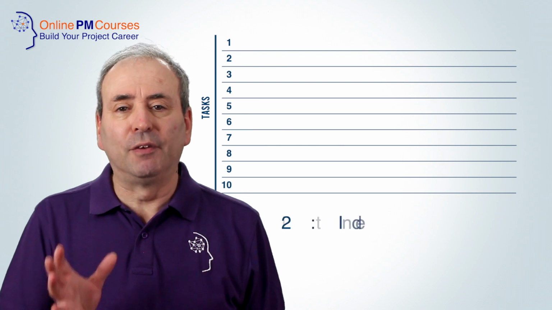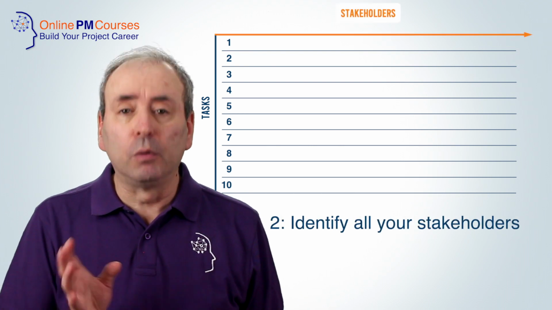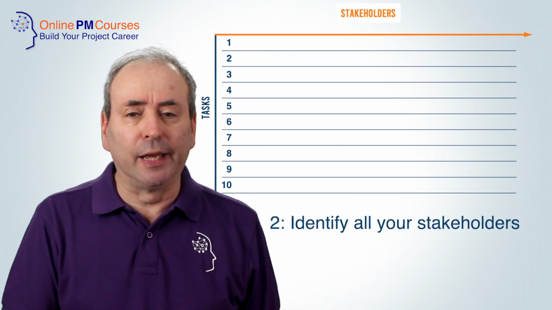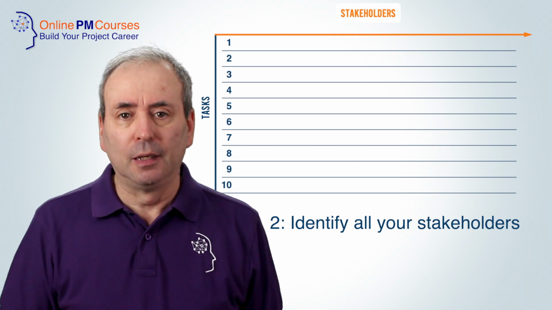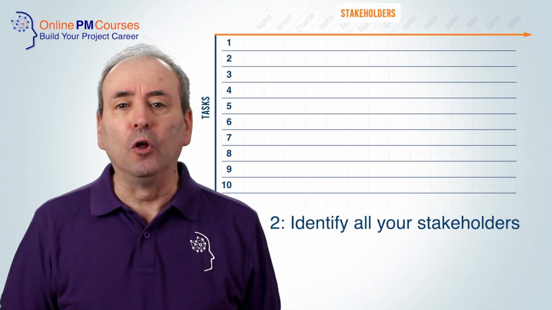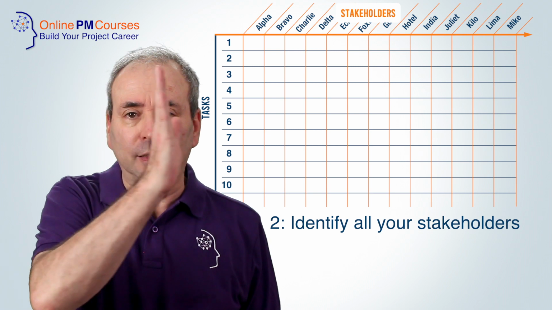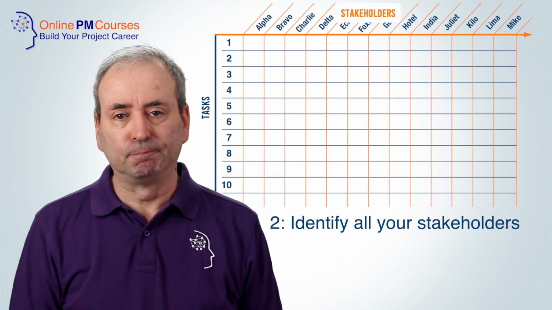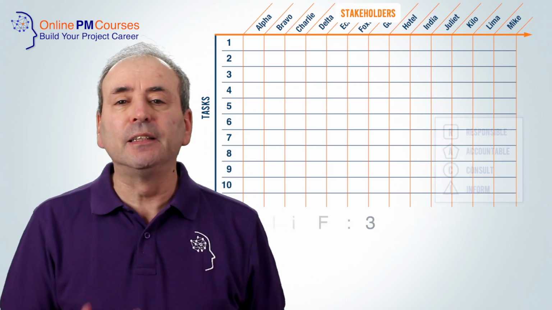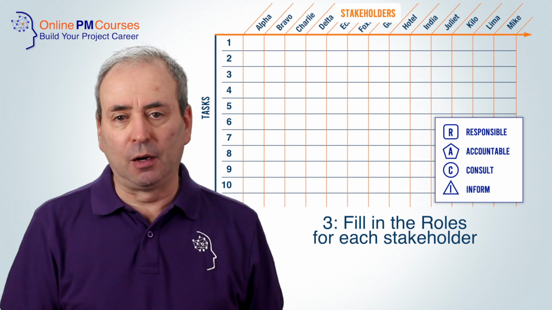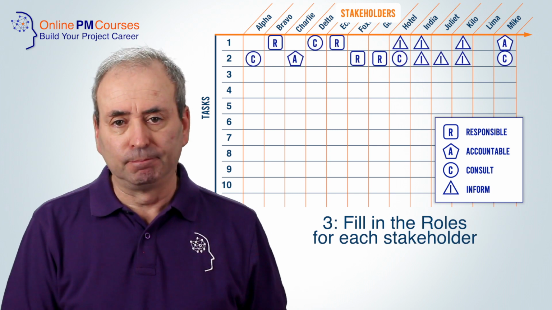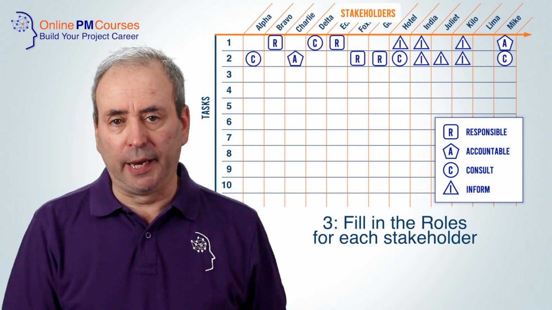Second, identify all of your stakeholders, or if you're just concerned with the work itself, possibly just your team members, but identify them and put them along the horizontal axis of your grid or chart. Next, fill in the roles for each stakeholder at each intersection. There are no rules here.